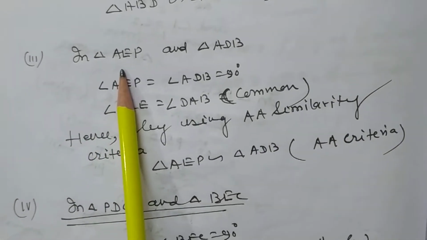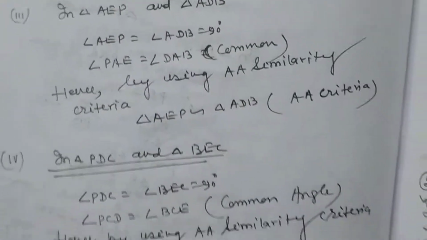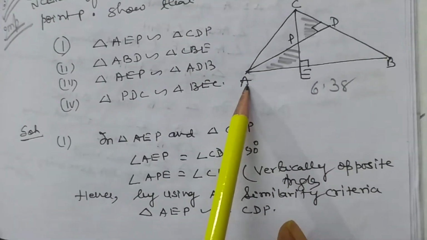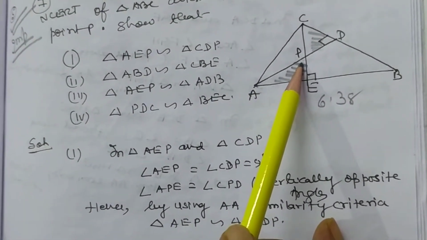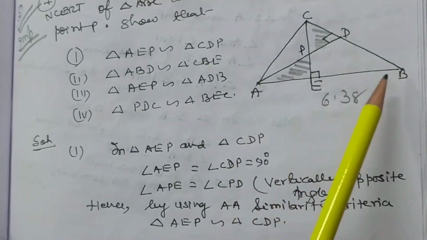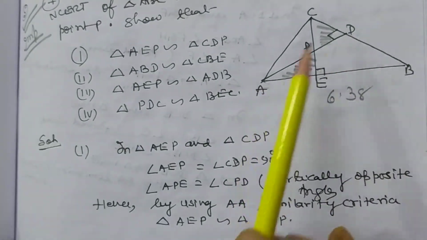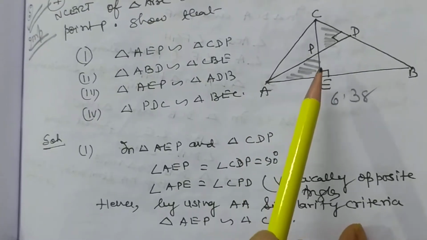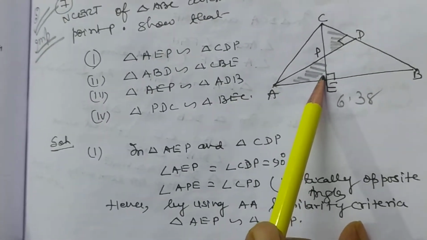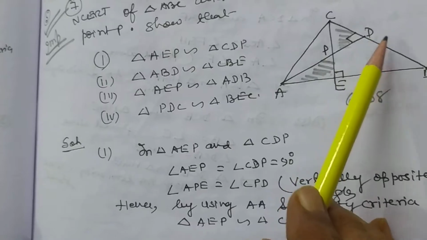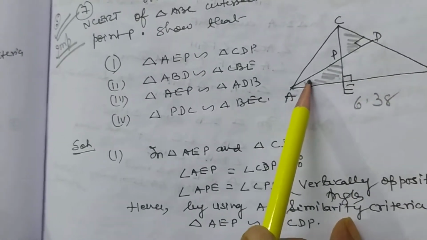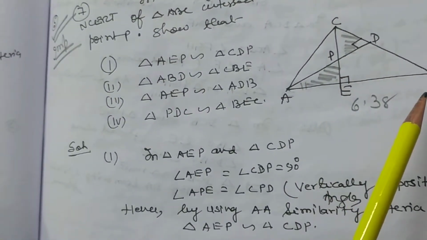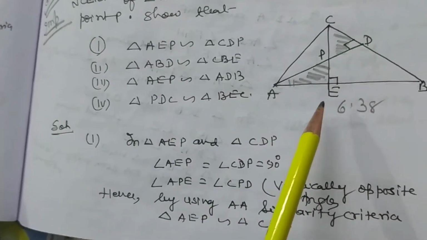Now in figure 3, triangle AEP and triangle ADB. In AEP, this angle is 90 and also angle ADB is 90, and angle DAB and PAE are common.